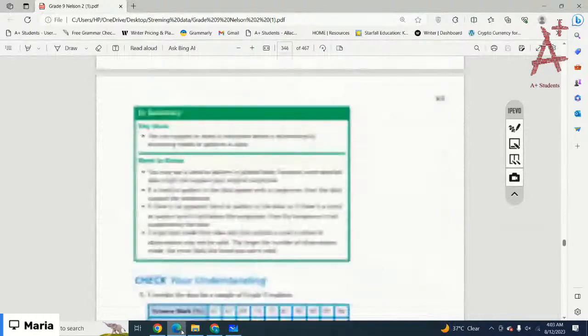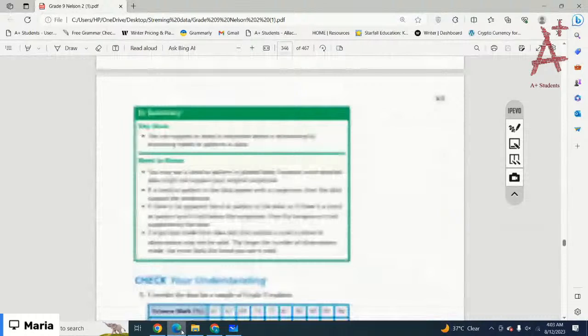Accept or reject a conjecture about a relationship by examining trends or patterns in the data. You may see a trend or pattern in plotted data, however, more detailed data might not support your original conjecture. If a trend or pattern in the data agrees with a conjecture, then the data supports the conjecture.